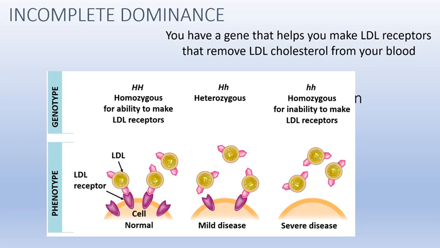These people don't make the receptor at all, and thus they have no ability to bind the free-floating LDL in the blood. This can be managed if you know you have it, but most people are not tested for this disease at birth unless you're certain that someone in your family has it.